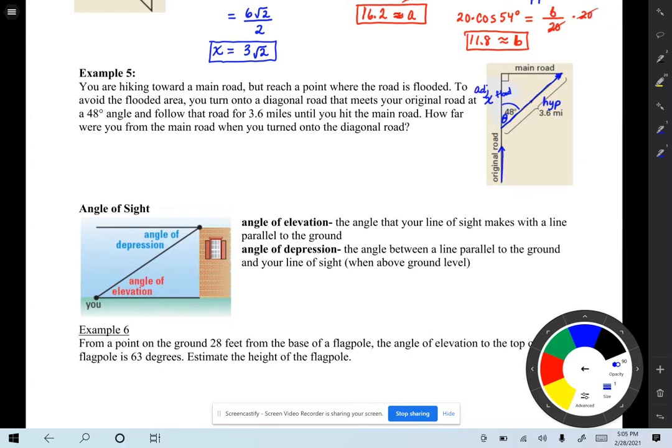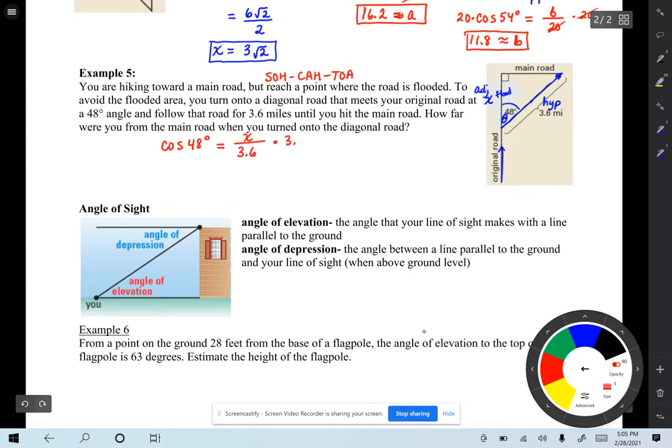We don't want to know how long the main road is. So we want to use cosine because we are interested in the adjacent side. That's length x. So the cosine of 48 degrees, that's theta, is equal to adjacent leg, which is x, over the hypotenuse.